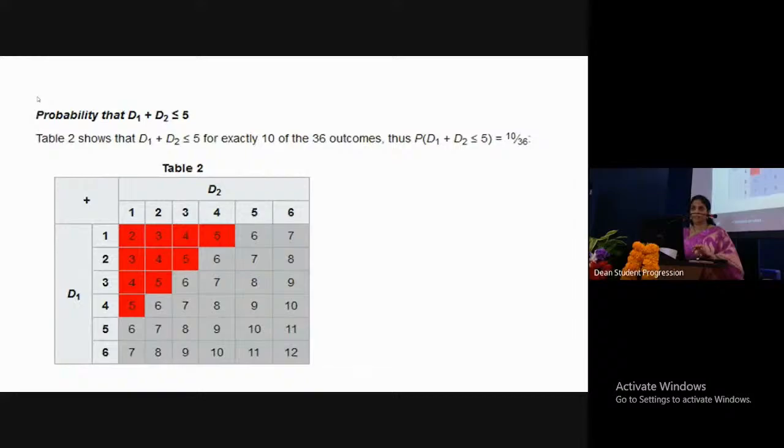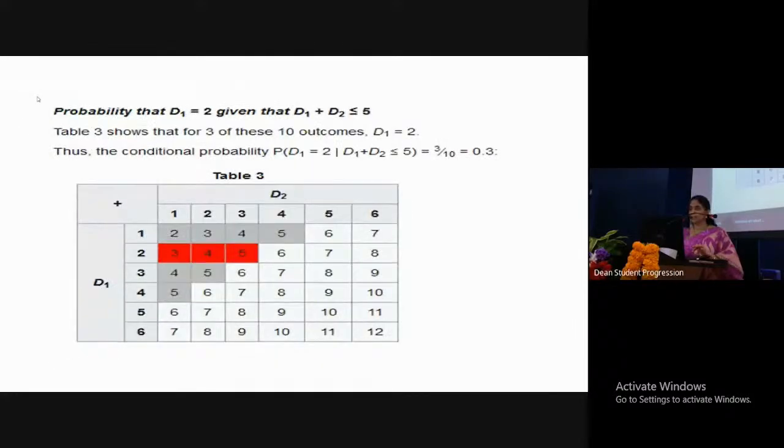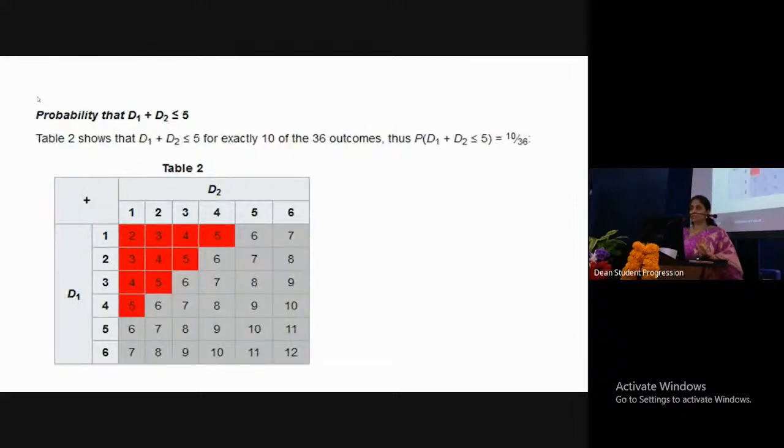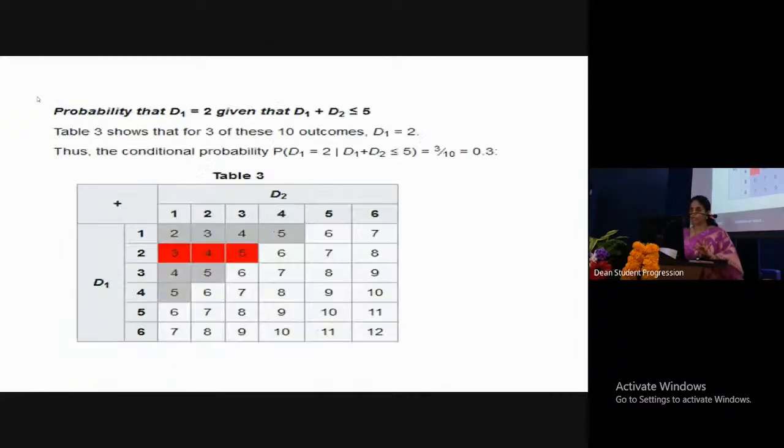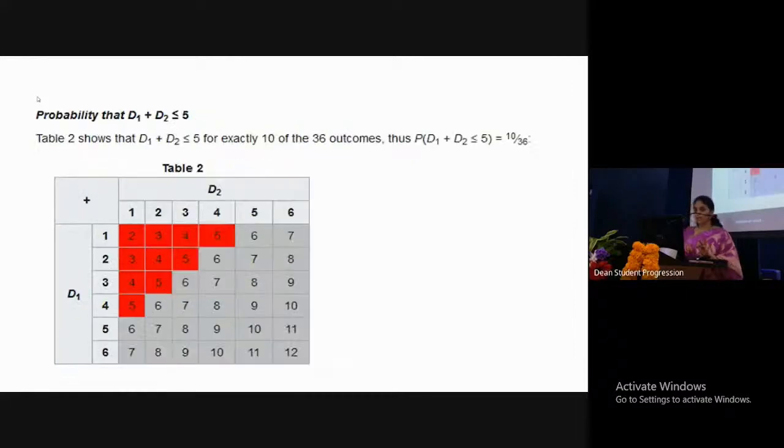Now I say this has occurred, and I base it on one condition: D1 is equal to 2. So with D1 being 2 and D1 plus D2 being less than or equal to 5, what are the chances? D2 can be 1, 2 or 3. With D1 being 2, this particular row is the only one where D1 is 2 and D1 plus D2 is less than or equal to 5.